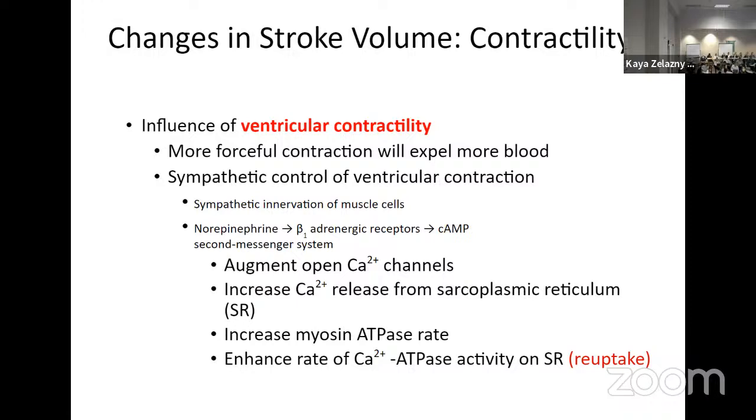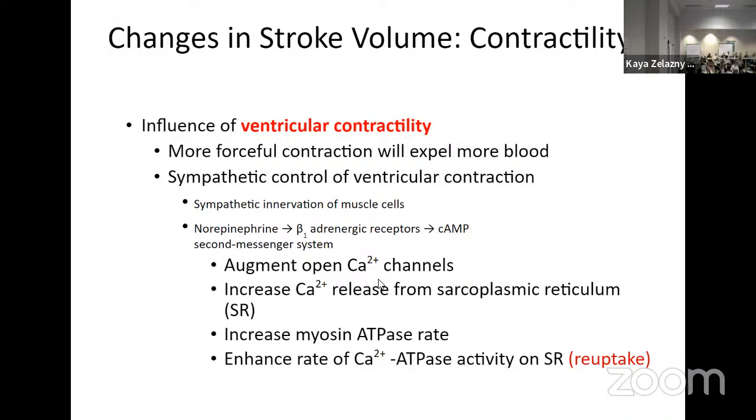Okay. So the piece we just need to know is that that's under sympathetic control. So your sympathetic nerves can make your heart squeeze harder because they innervate those muscle cells, okay? So sympathetic postganglionic neurons release norepinephrine. That's their hormone, their neurotransmitter, let's say. Okay. Norepinephrine binds to adrenergic receptors, specifically in the ventricular myocardium.